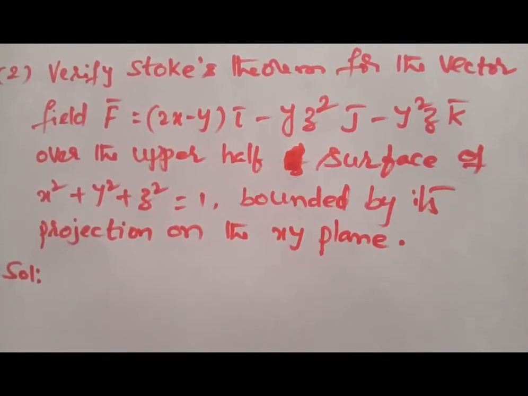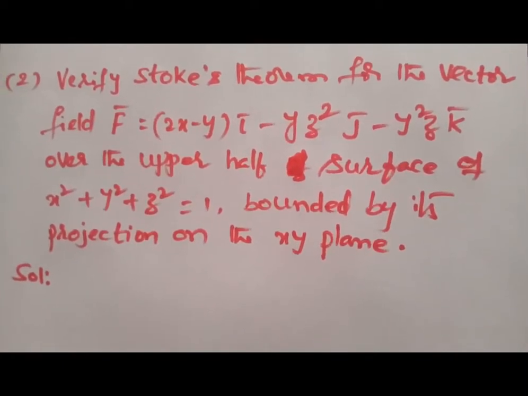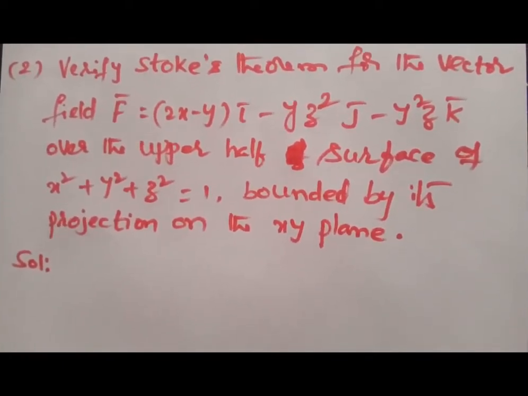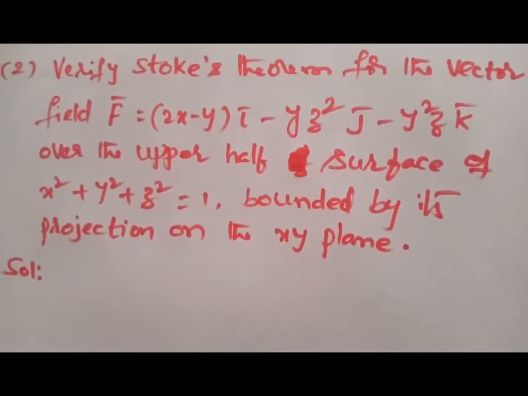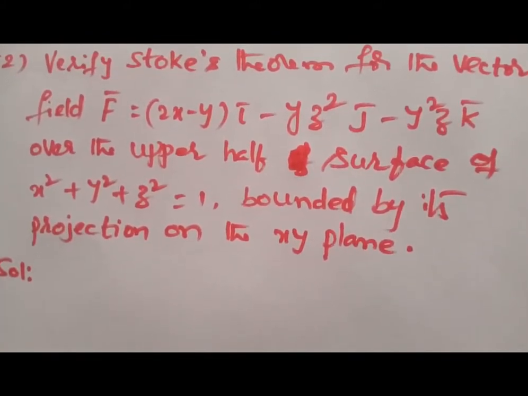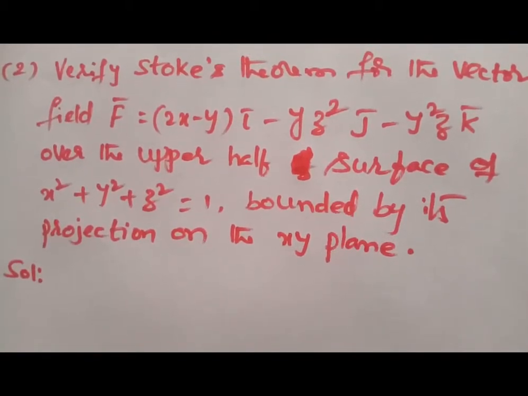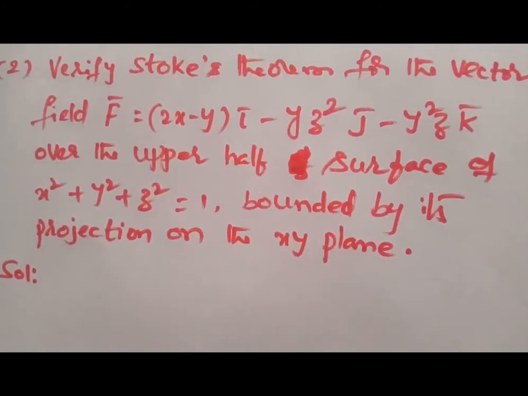That means the upper half surface of the sphere centered at origin and radius 1 unit, bounded by its projection on the xy plane. So its boundary is the projection of the sphere in the xy plane.